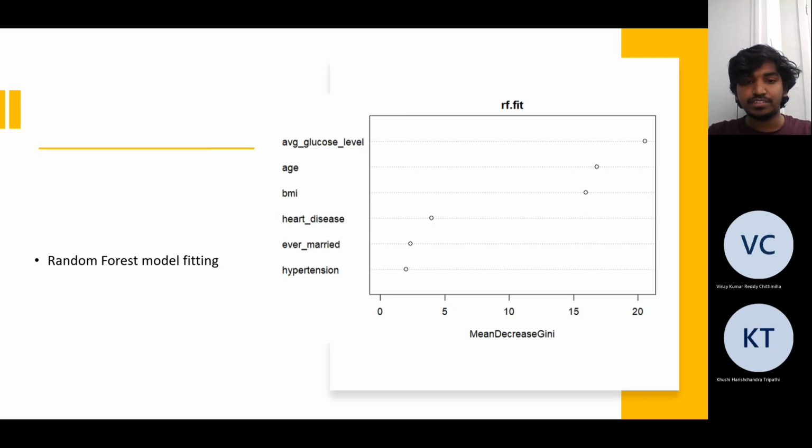In this, we have used a thousand decision trees, and we used shrinkage as 0.7, which has shown a significant effect in getting the value of stroke.